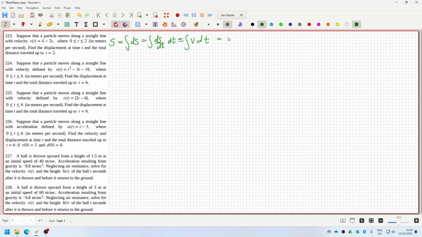So that would equal the integration from 0 to 2 of r minus 2t dt, which would be rt minus t squared, 0 to 2, which is going to be 8 minus 4. So that is 4 meters displacement.